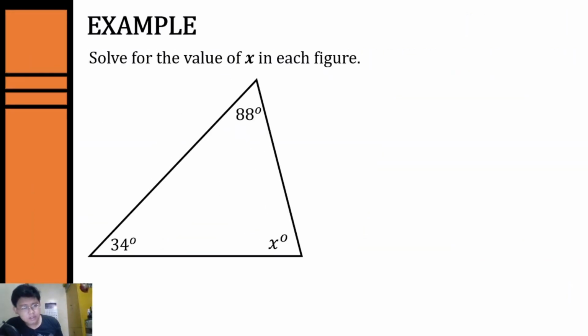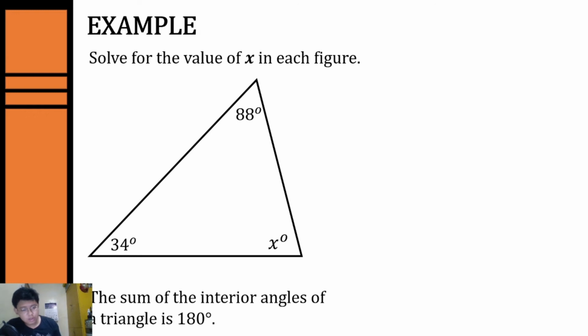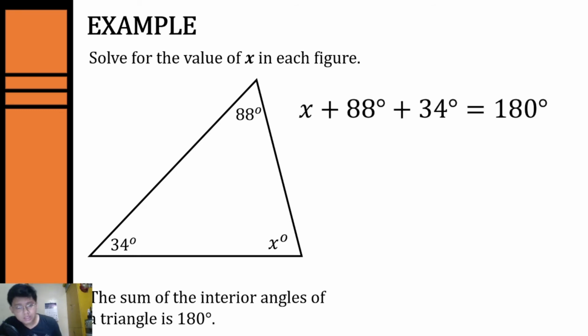And let's have another example. We're going to solve for the value of x in this figure. In this example, our variable x is one of the interior angles. One of the theorems that we will use is the sum of the interior angles of a triangle is 180 degrees. So we have x plus 88 degrees plus 34 degrees is equal to 180 degrees.